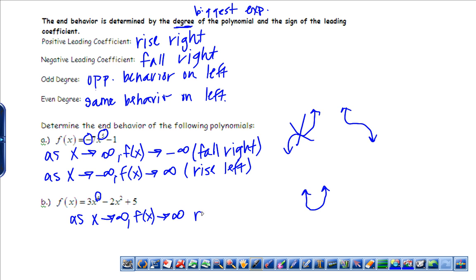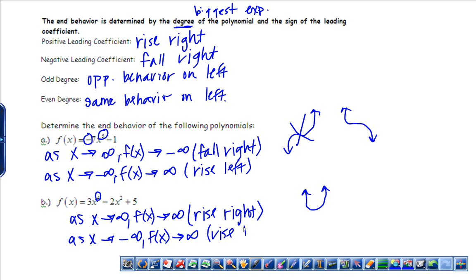So this is going to rise to the right. And remember, inside the parentheses here is my end behavior. Okay, as x approaches -infinity, my function approaches positive infinity again. So this is going to rise to the left.